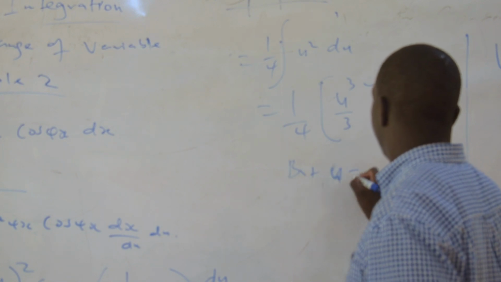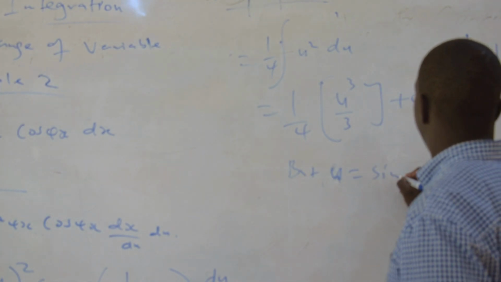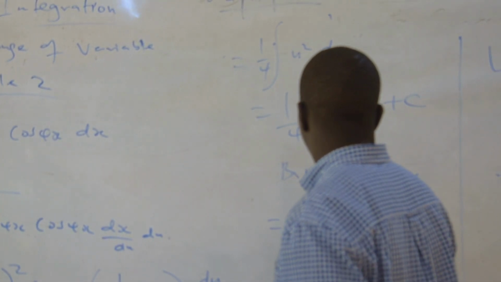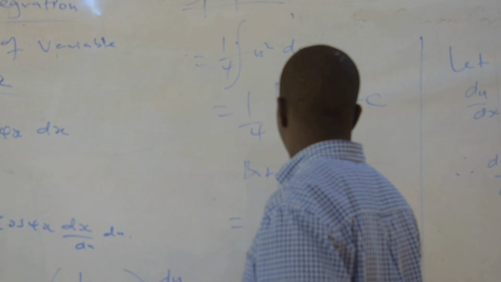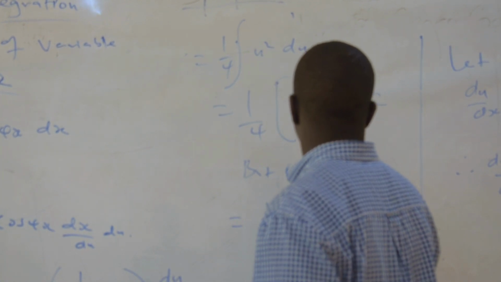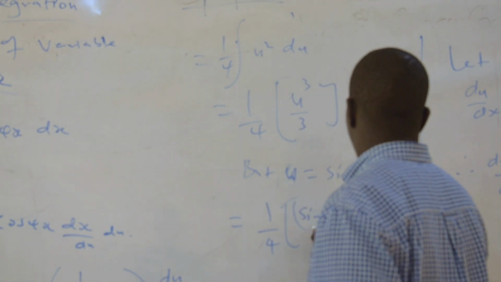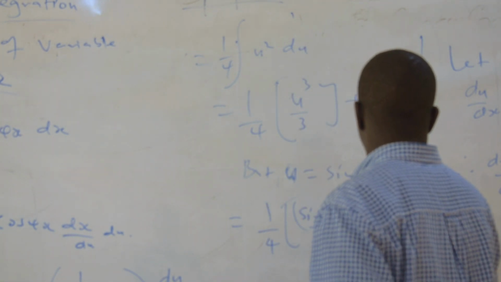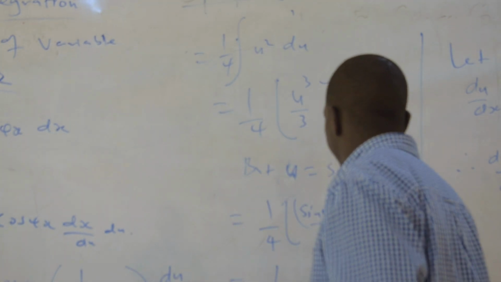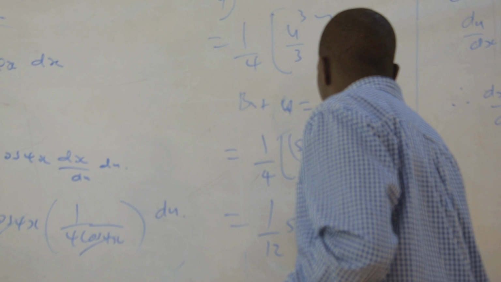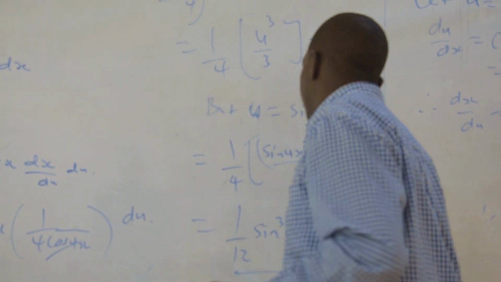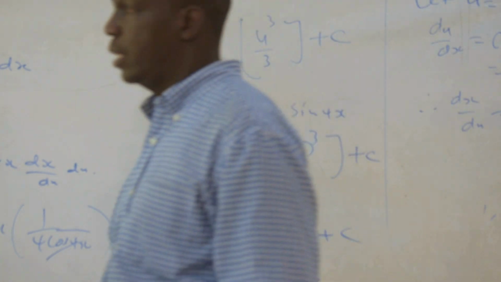But remember u is equal to sine of 4x. Therefore, the answer is 1 over 4 sine of 4x raised to power 3 over 3 plus c, which is equal to 1 over 12 sine raised to power 3 of 4x plus c. That's the answer.